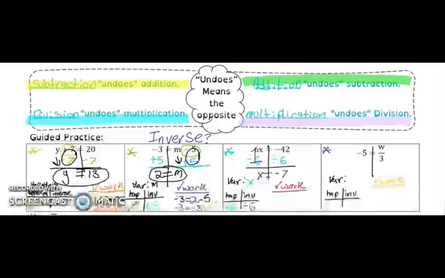Okay? So then let's look at our variable on the last one. This one is going to be multiplication undoes division. Our variable is W. What is happening is that W is being divided by 3, which means we need to multiply. Again, that dot means multiply by 3. So the way that we show this is that we put a dot on the side and we put a 3 like up towards the top because it really means 3 divided by 1.